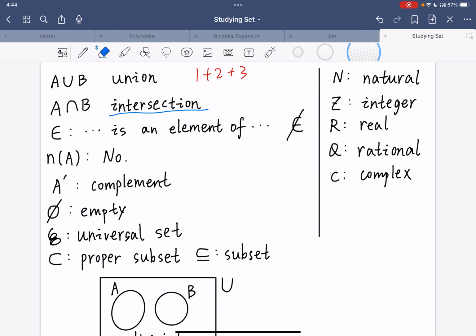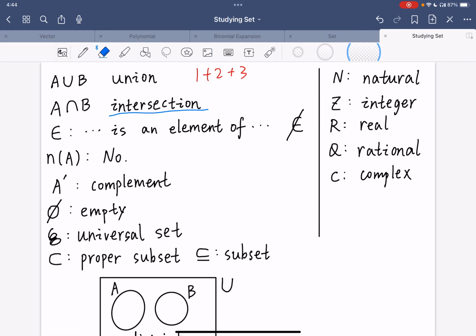For example, this is about humans, this is about animals, this is about plants, and so on. And the bigger rectangle is the universal set.